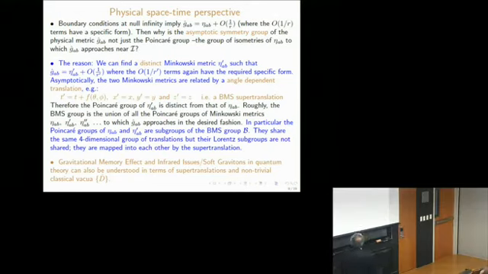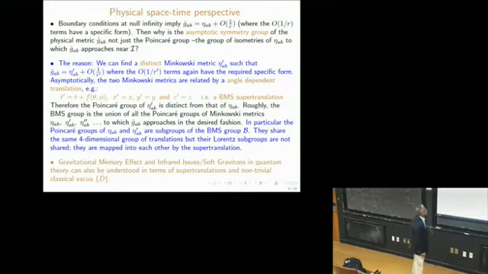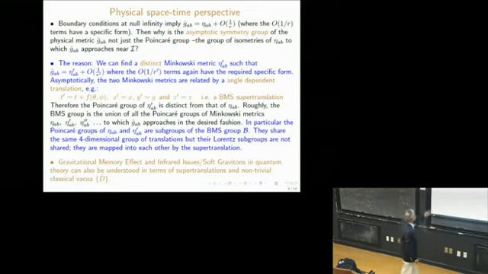And why does this happen from a physical space-time perspective? The reason is that we can find a distinct Minkowski metric eta prime AB such that g hat AB, the physical metric, is also given by eta prime AB plus 1 upon R prime terms, and these terms again have the required specific form.